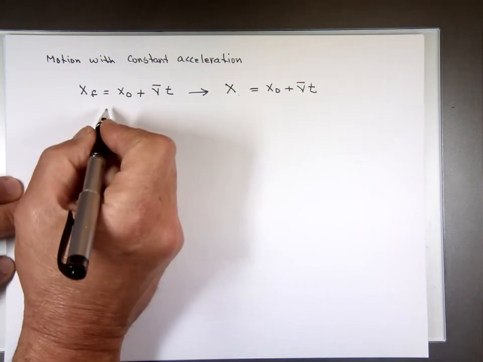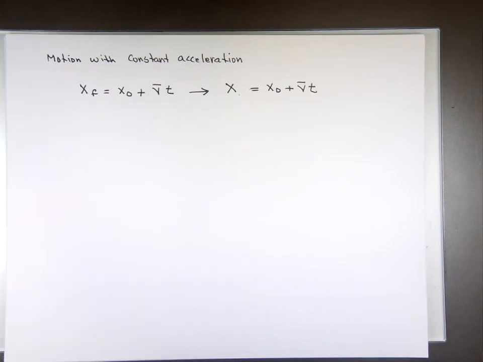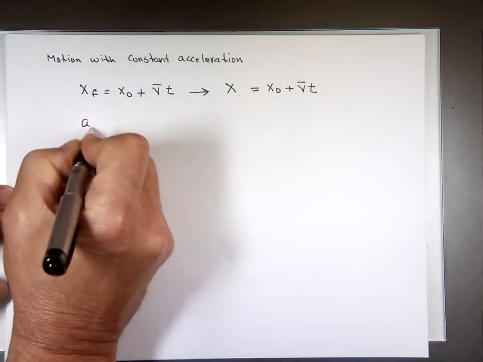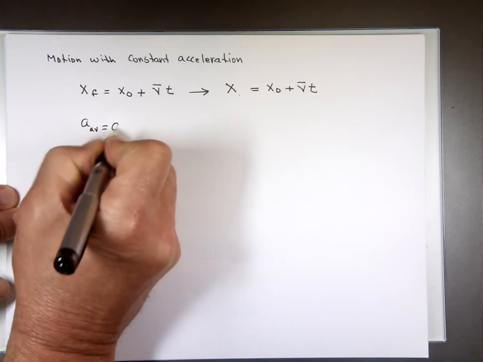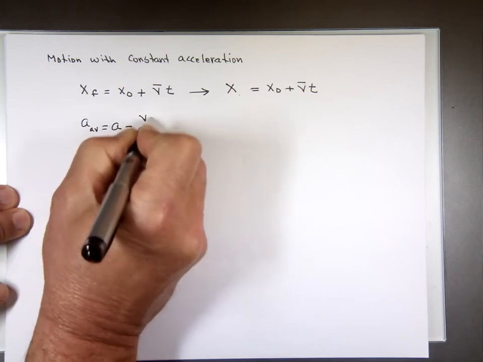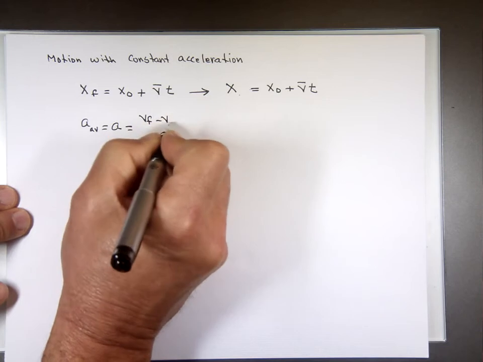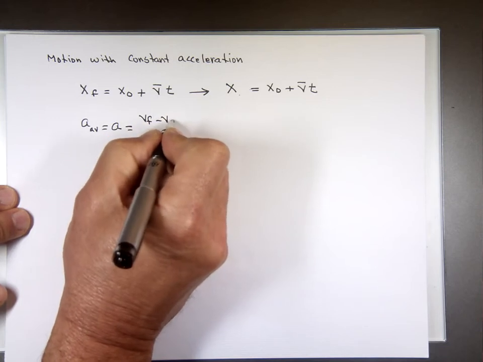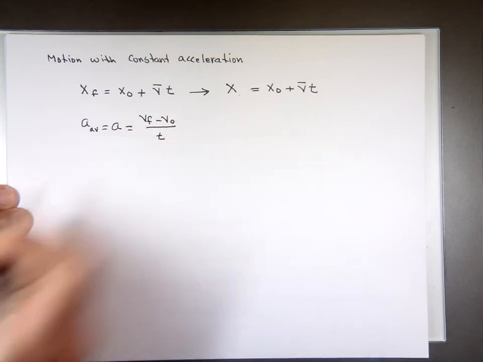Also, we wrote what? Just a few minutes ago, where's my notes? That acceleration, I can put it there. We said average acceleration, since we're dealing with constant acceleration, it's v final minus v initial divided by t.